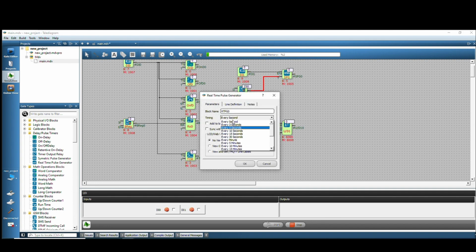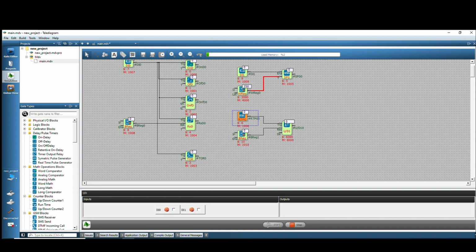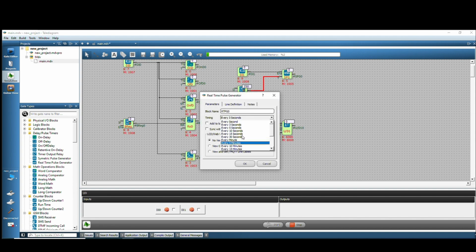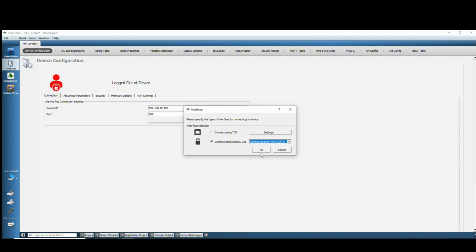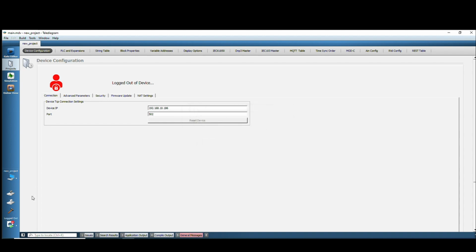The real-time pulse generator, on the other hand, generates a pulse every second or every 3 seconds. This block does not function in the simulation. Therefore, I loaded the project onto the device and connected via USB or TCP to observe it live.